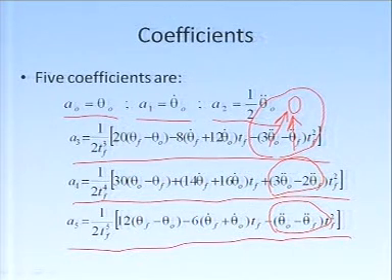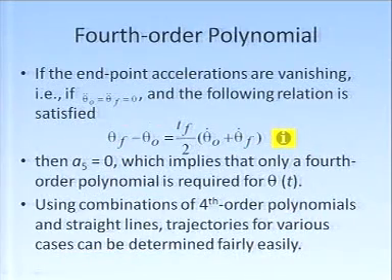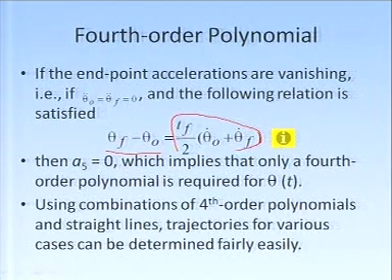So, if my end accelerations are 0, my coefficient equations are simple. So, only I have to do this much. Now, imagine theta f minus theta 0 is equal to T f by 2 into theta 0 dot plus theta f dot.